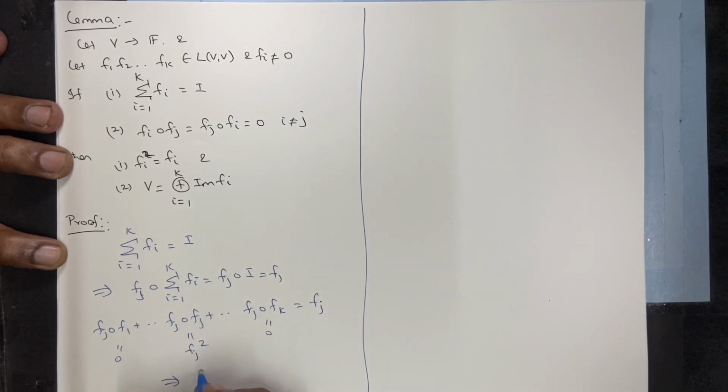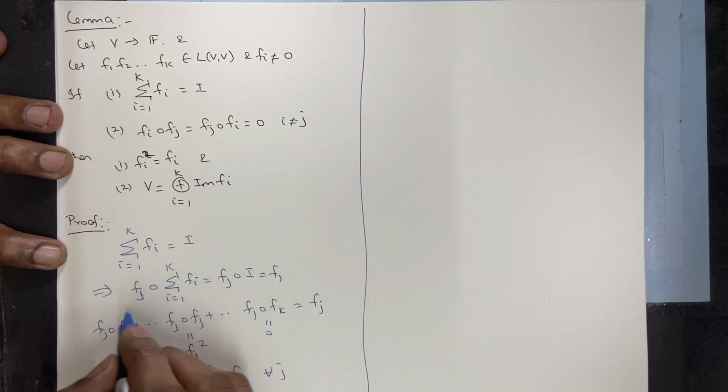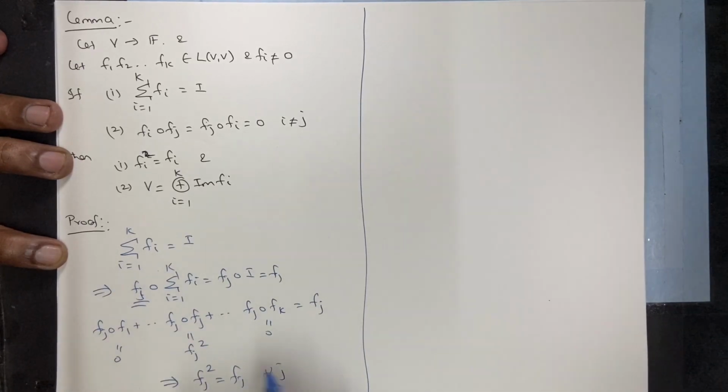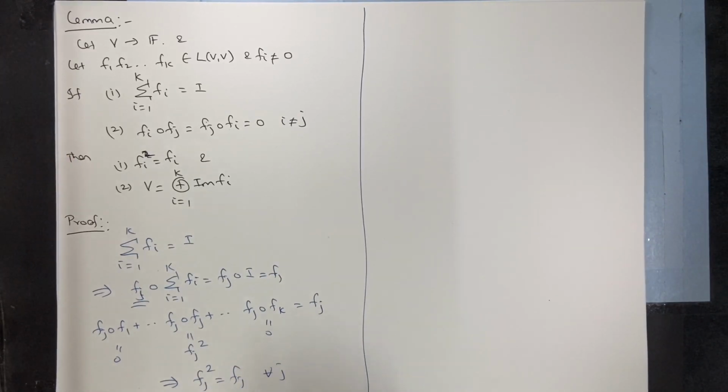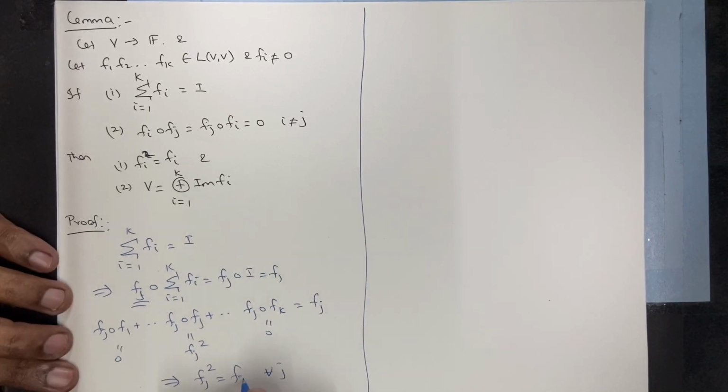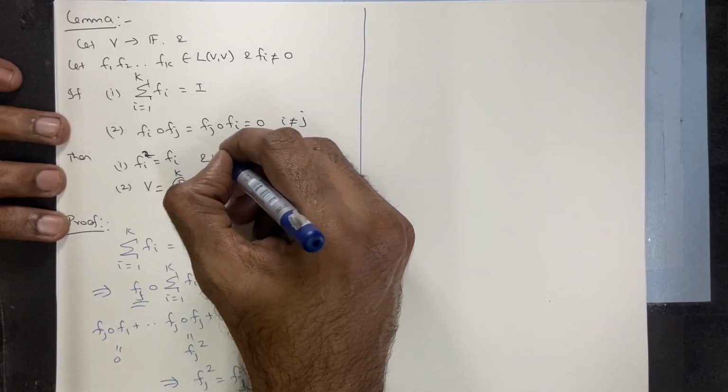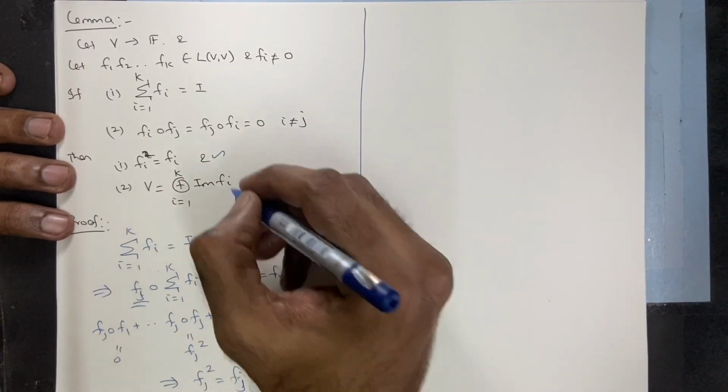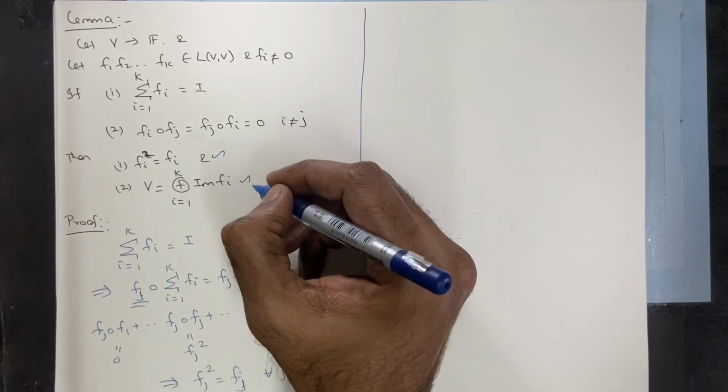Therefore, this implies Fj square is Fj for all j. We have taken j arbitrary. Therefore, we have proved that the Fj's are idempotent operators. So the first condition is proved. Let's prove condition number 2.